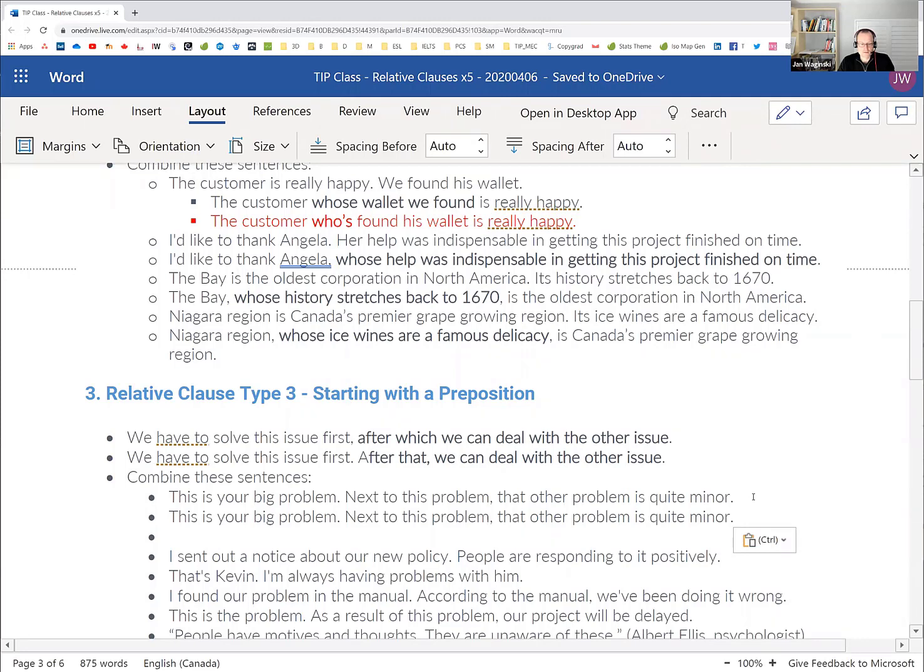Safa. There is your big problem next to this problem. That other problem is quite minor.